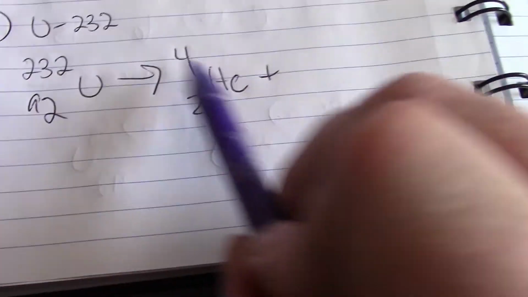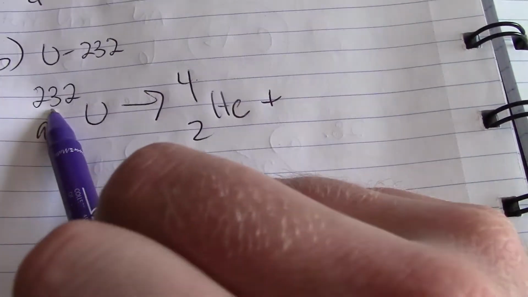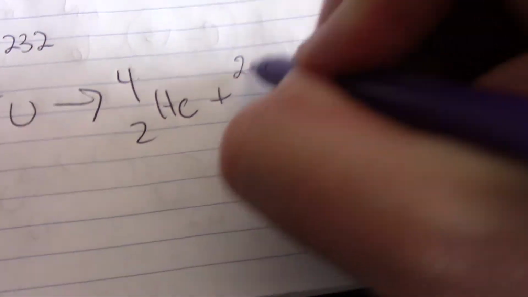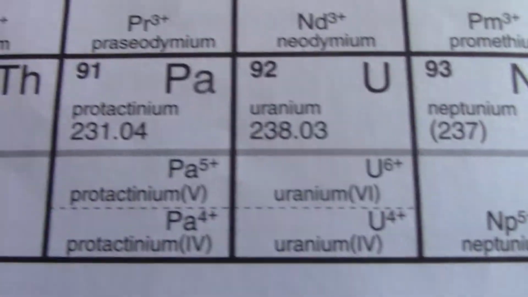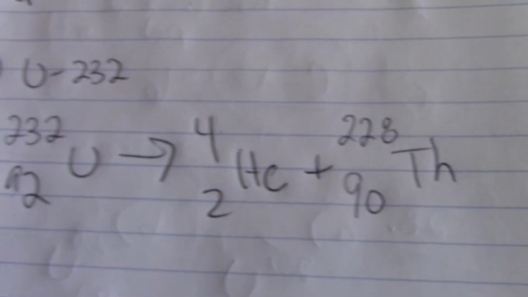I've accounted for 4 nucleons, so there's 228 left over. Then this will be 90, and I have 92 and 232 on both sides. So that's going to be thorium, 90. That's how I do alpha decay.